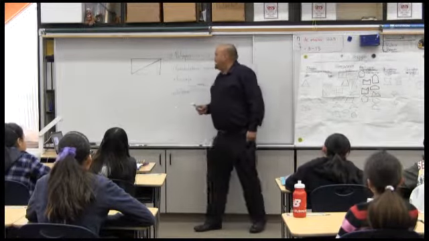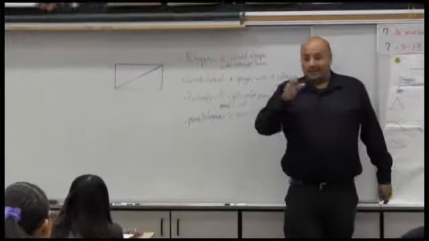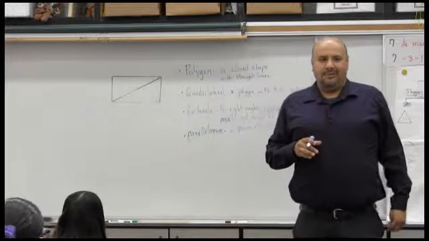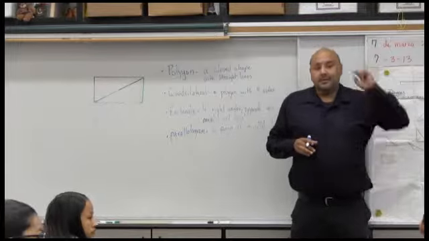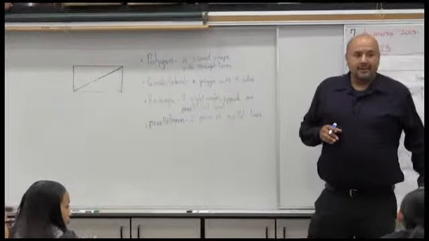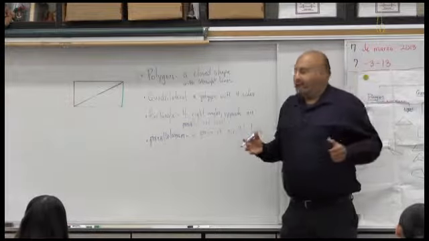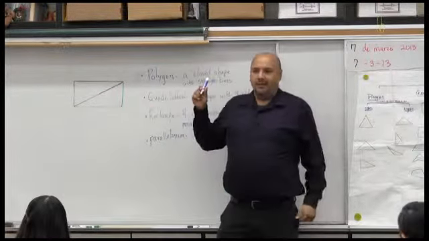Okay? And one of the ways that I can label it, and somebody said it earlier, is congruent. What does congruent mean? Yes. The same size. It's the same size, right? They're equal. They're the same. Okay. And so do we see anything that's congruent up here?